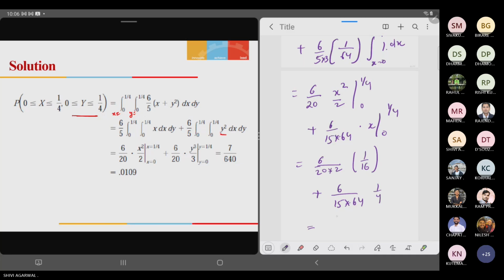So you just solve it, and the answer is coming 7/640, which is about 0.01.